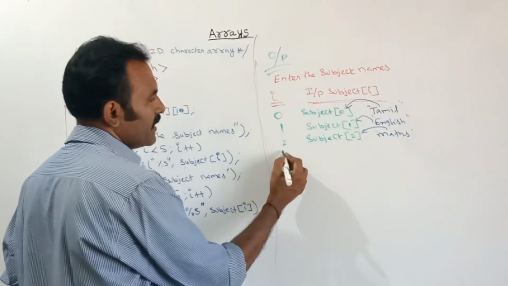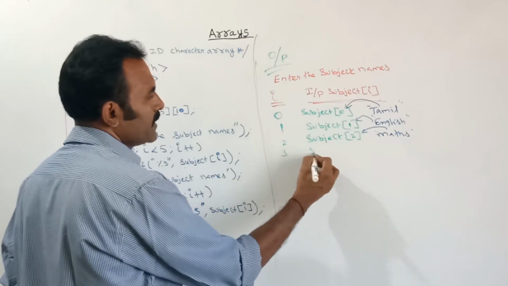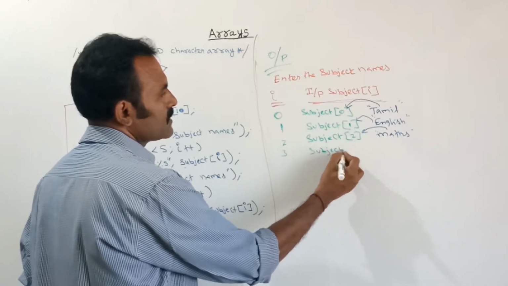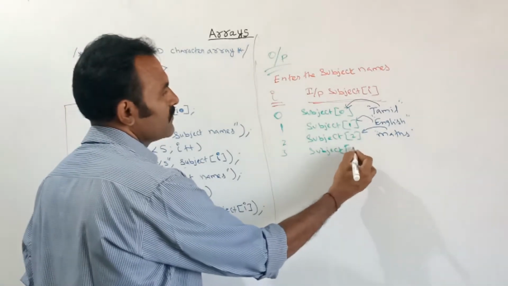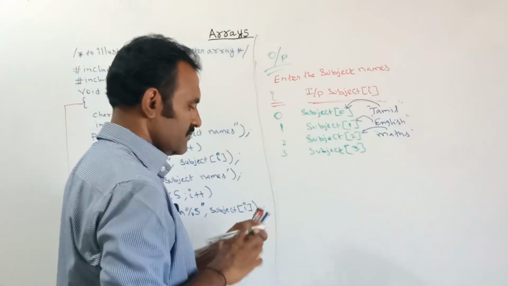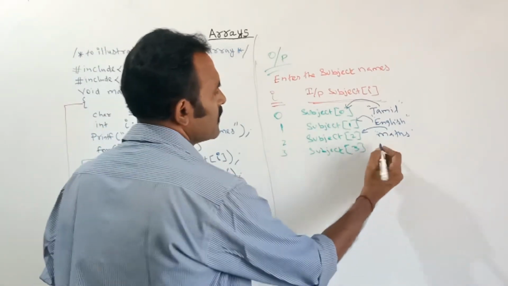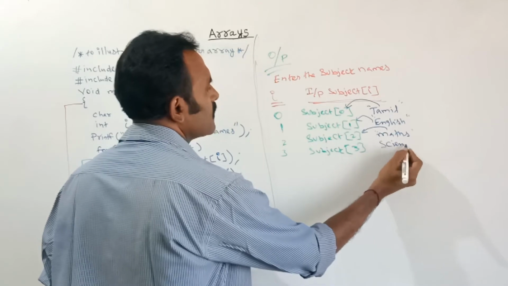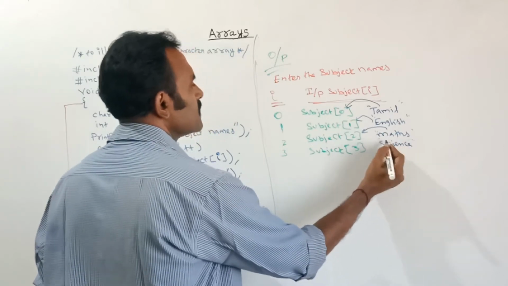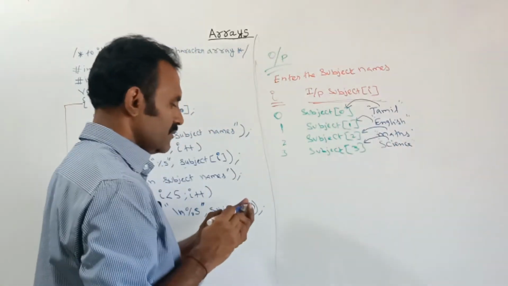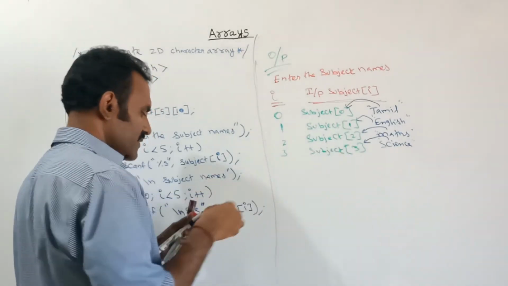Next, in similar way, I value will be incremented to 3. For subject of third location, suppose you are giving the subject name science, this subject name will be stored to the location subject of third location.